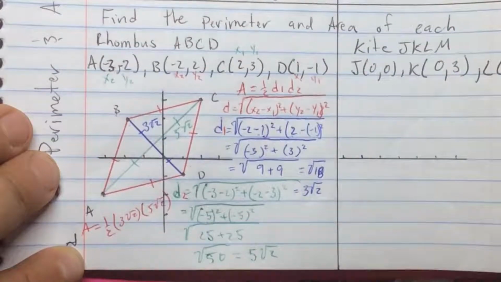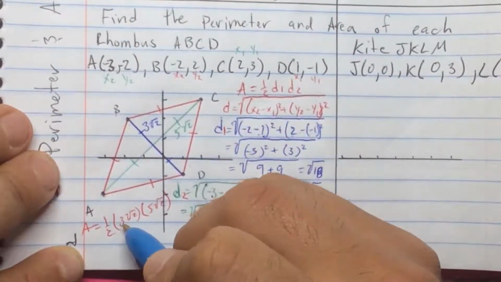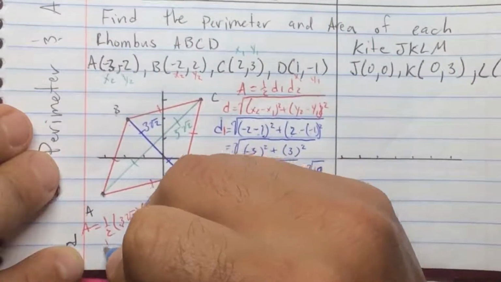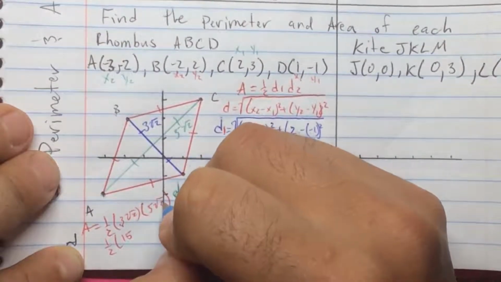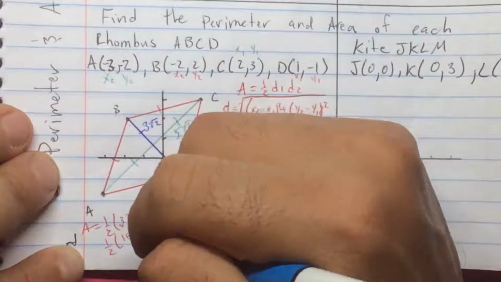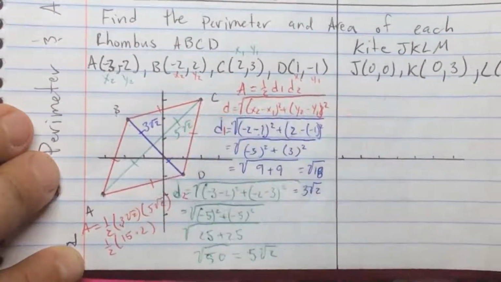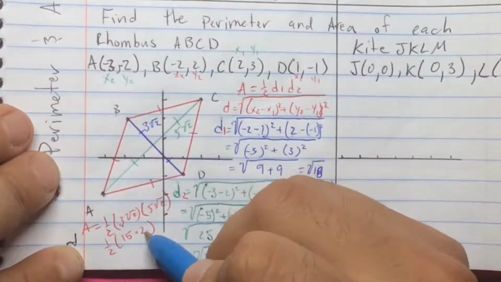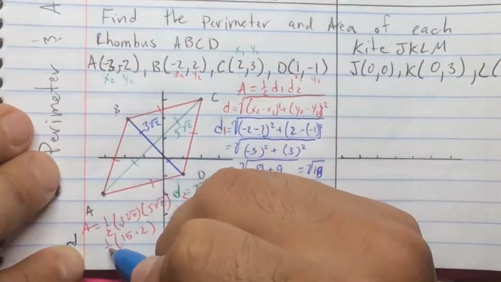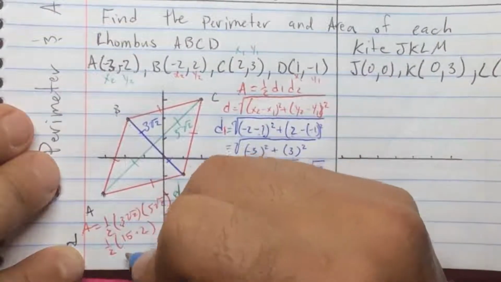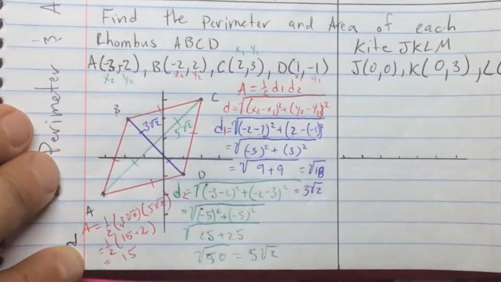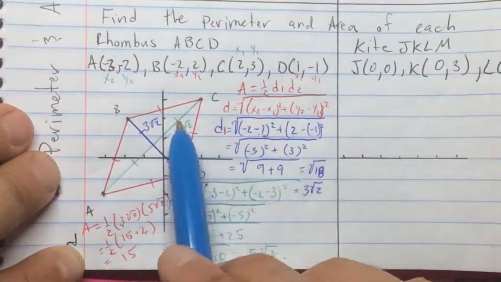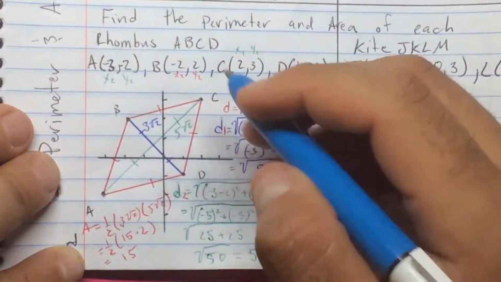Now we're just going to multiply this first. 3 times 5 is 15, so still 1/2 times 15. Radical 2 times radical 2 gives you radical 4, which is 2, so it's times 2. If you're taking the half of something and multiplying it by 2, 1/2 times 2 is 1. So this is going to equal 15. So the area of the rhombus is 15.